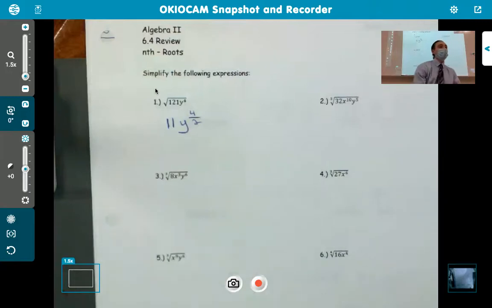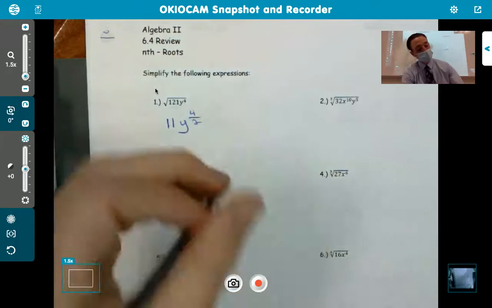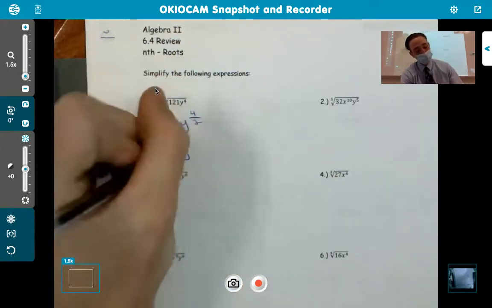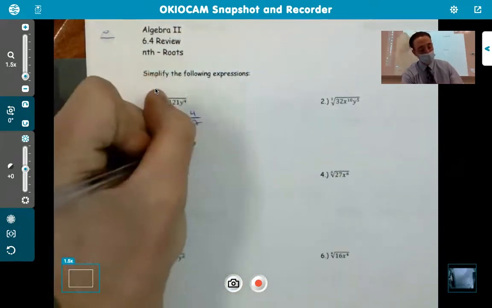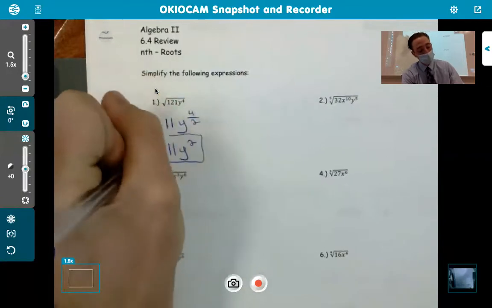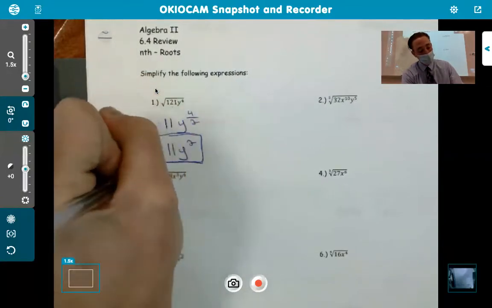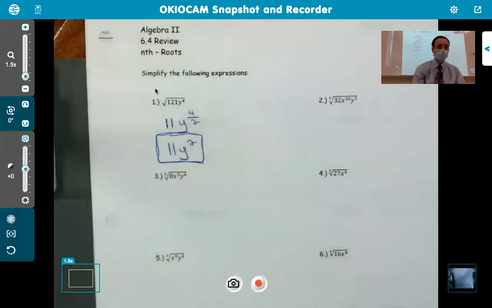We talked about that frequently in chapter 6 when we were going between radical form and exponential form. The only thing I need to make sure I take into account now is how I simplify this, because I know 4/2 is the same thing as 2 itself. So my final answer here would be 11y squared.